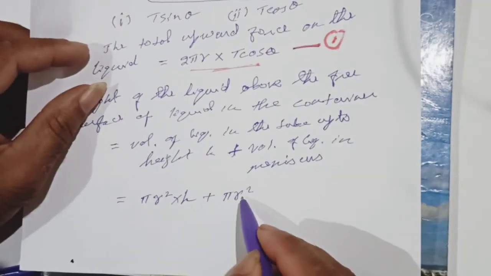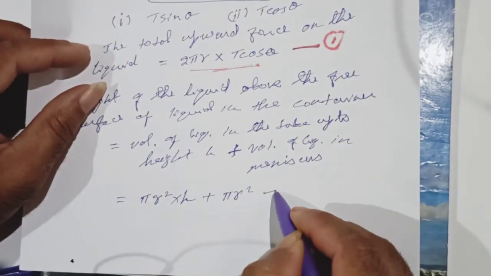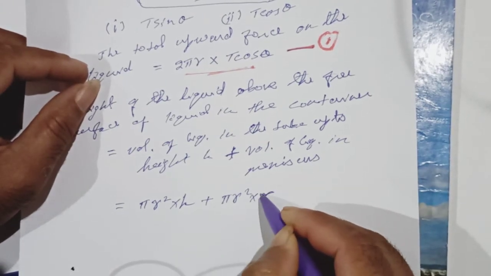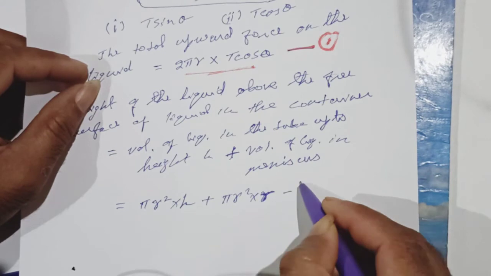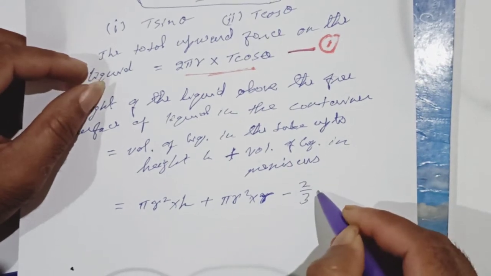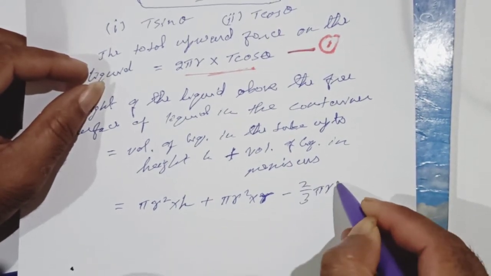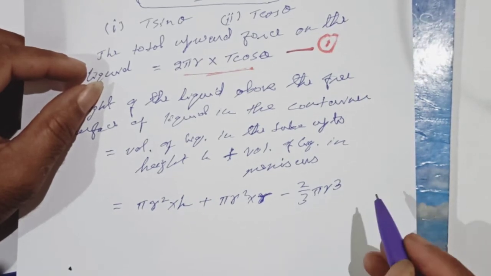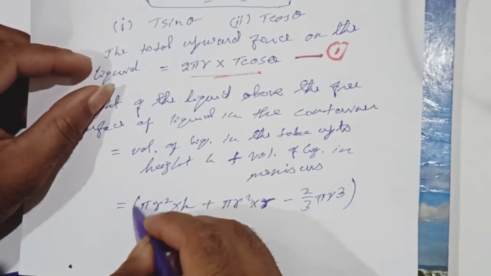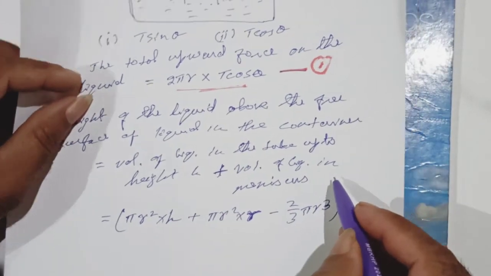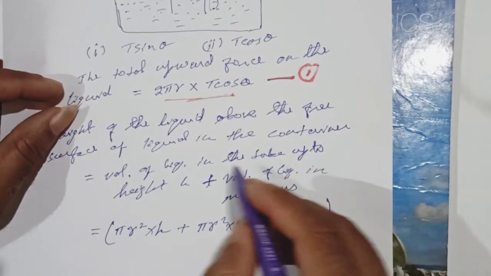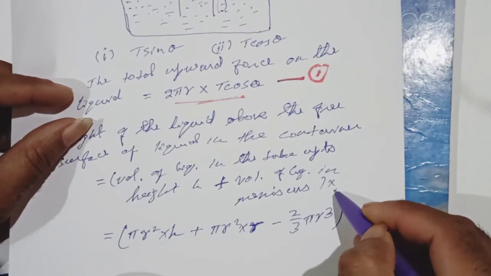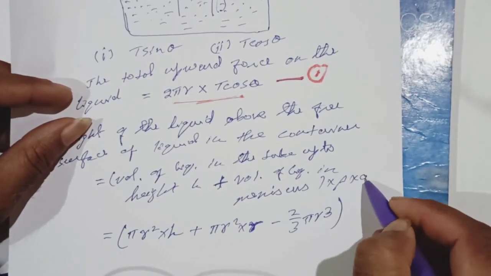Then from here, pi r square into r, the radius, minus 2 by 3, the formula for the volume of a hemisphere, 2 by 3 pi r cube. And we have to multiply the whole thing with the density rho and acceleration due to gravity g.